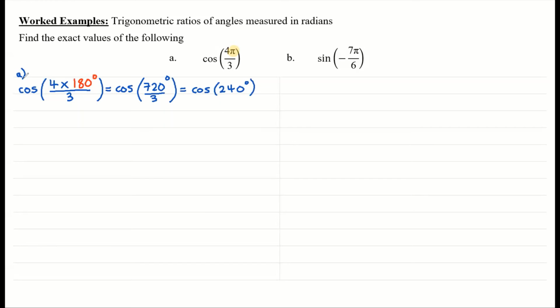Now, let's draw the cast diagram to see where this lies. Let's just draw a small cast diagram just here. Remember we start at 0. I can do this in degrees now, that's absolutely fine. So at 0 degrees, 90 degrees, 180 degrees, 270 degrees, and then of course back round to 360 degrees.